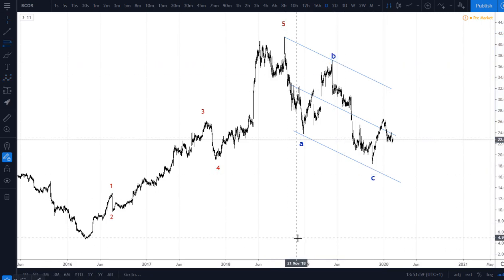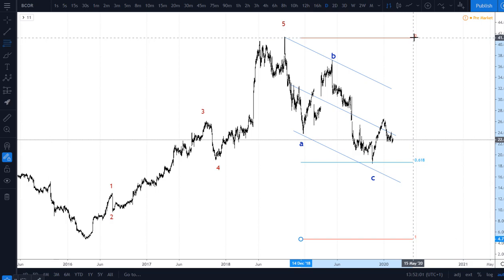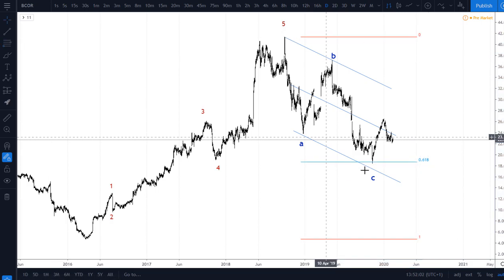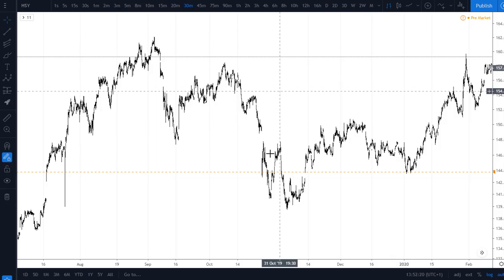Where do you retrace? 618 to the tick, and you can count your 5 waves very well and see 1, 2, and then 1, 2, 3, 4, 5 for your wave 3 of C. So that's 1, 2, 3, 4, and 5. And then we're going to move up most likely.